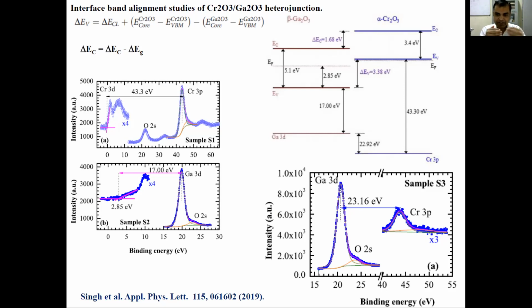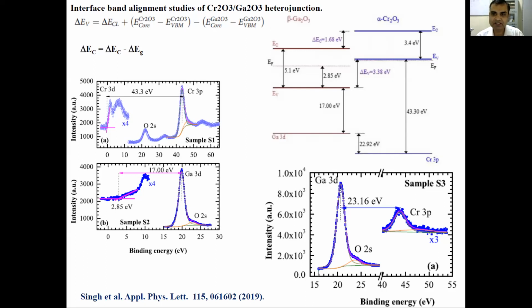Because of this tendency to align the Fermi level, there is a band offset either in the conduction band or in the valence band. And because of that band offset, it determines the rectifying behavior, and whether the majority or injected carriers are electrons or holes. Those kinds of experiments one can also do.